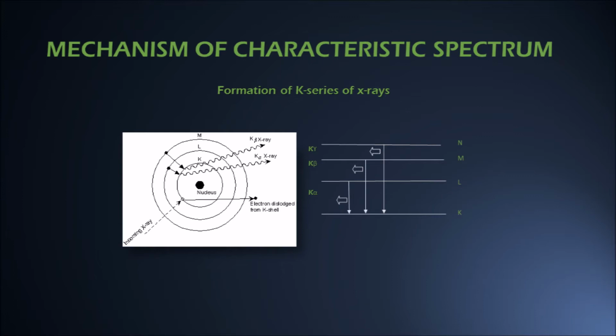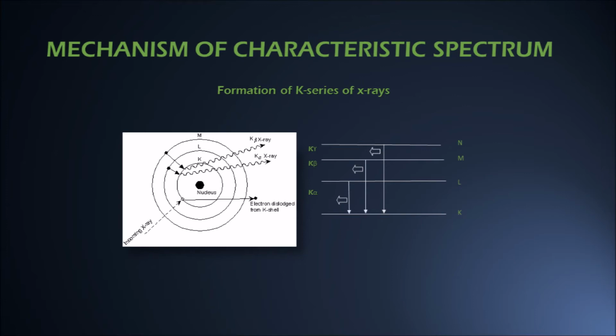The X-rays corresponding to energy E alpha, E beta and E gamma are specially named as K alpha rays, K beta rays, K gamma rays respectively. All these types of X-rays are collectively known as K series of X-rays. In the same way, we can obtain L series of X-rays and M series of X-rays as shown in figure.